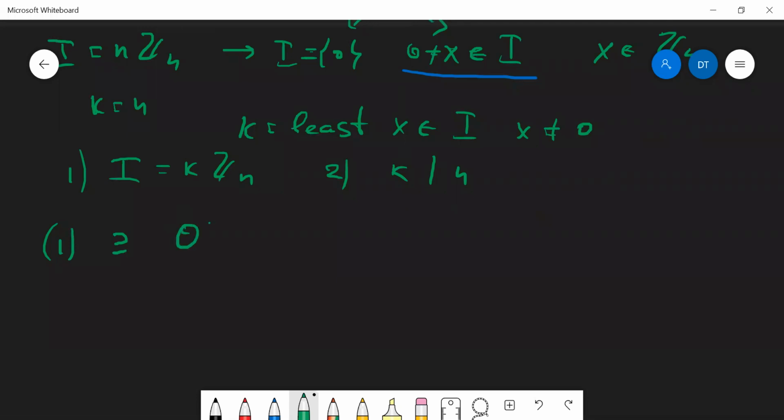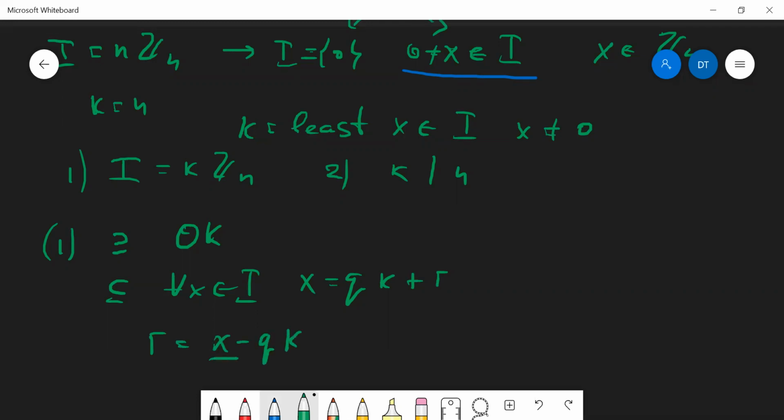So this is okay. For the other inclusion, we take an arbitrary element x from I, and we divide it by k with the remainder r, and the remainder r must be x minus qk.